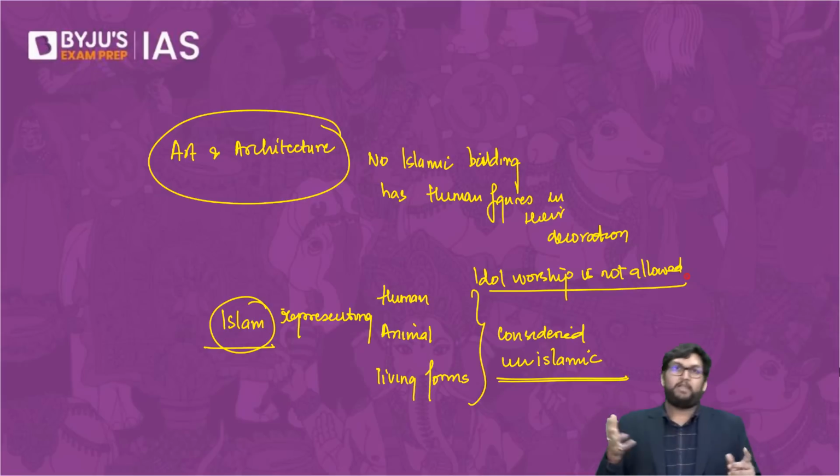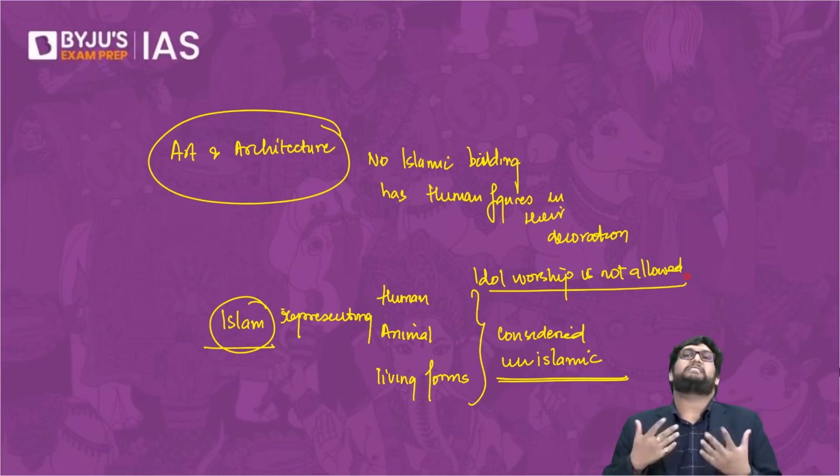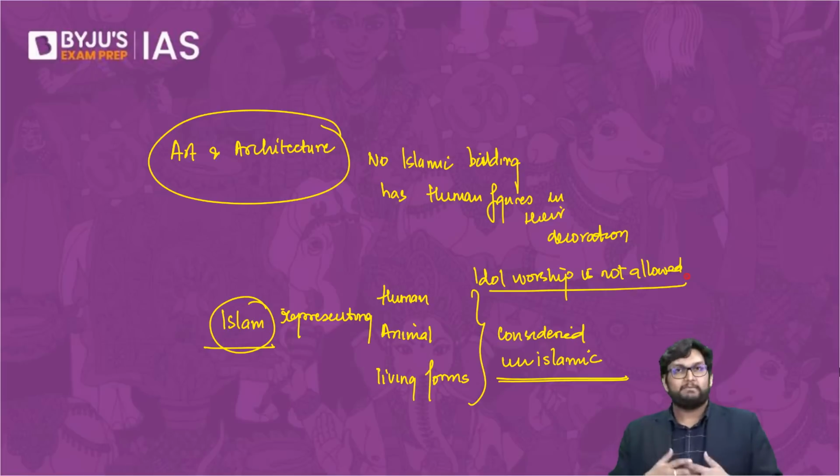They said, okay, we can't represent anything which is Islamic. Therefore, every Hindu symbol is un-Islamic or non-Muslim. And therefore, we can use Hindu symbols. And the ulema is basically caught up in his own answer.